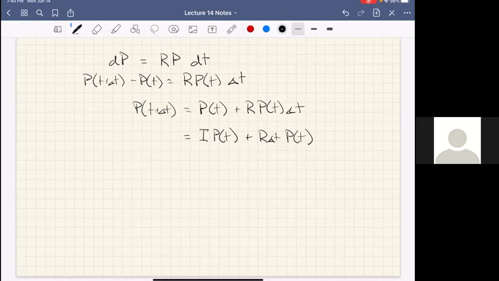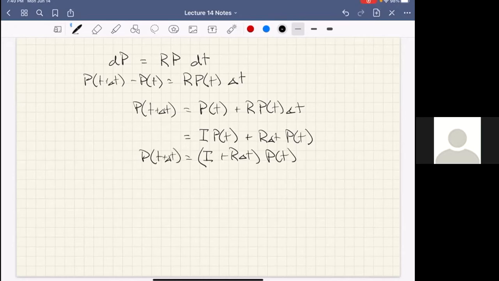Delta t is a scalar, so it doesn't matter when I multiply it. And I can then take p of t out here, and I get I plus R delta t, p of t. And that is p of t plus delta t.